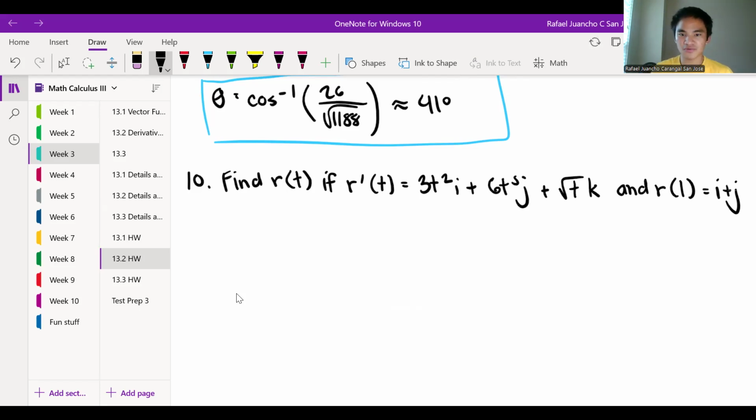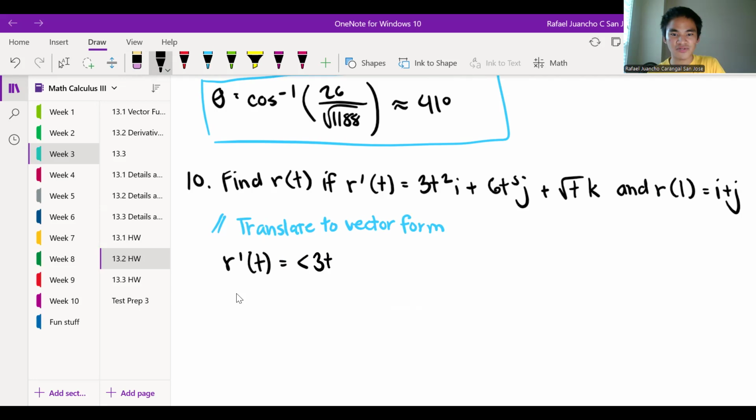Okay, so the way I would do this is to translate all of them into vector form first. That's what I would do. So I'm going to translate to vector form. So here we see r prime of t, the derivative, which has these components.